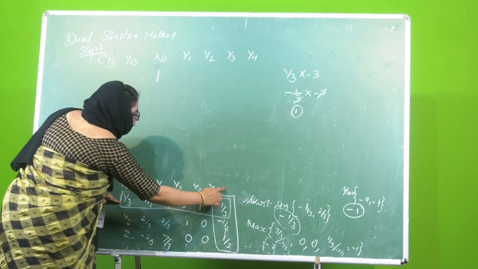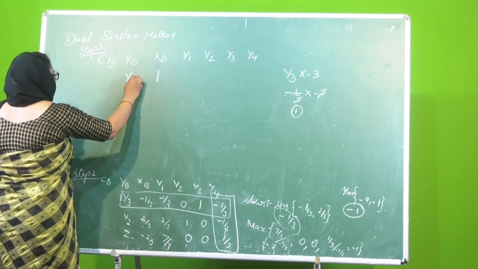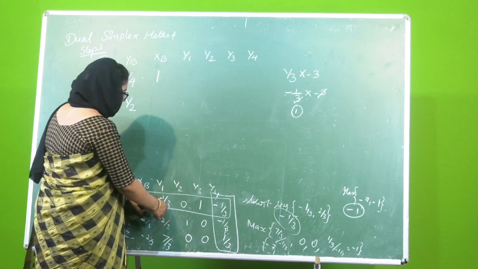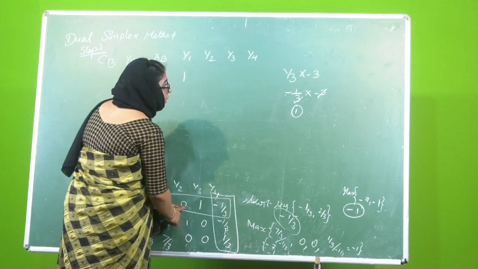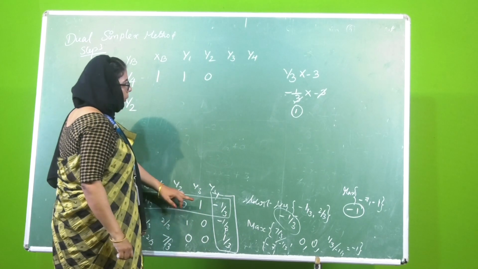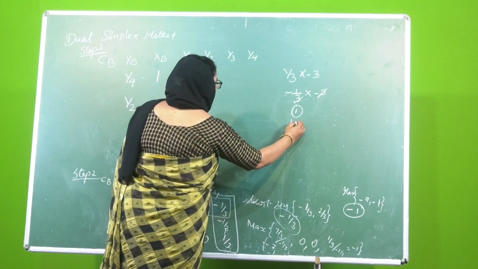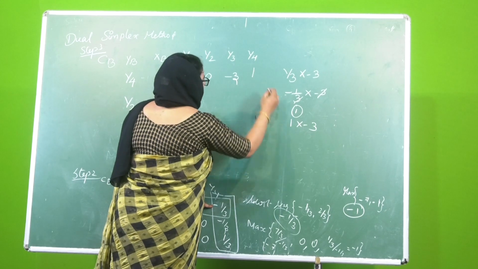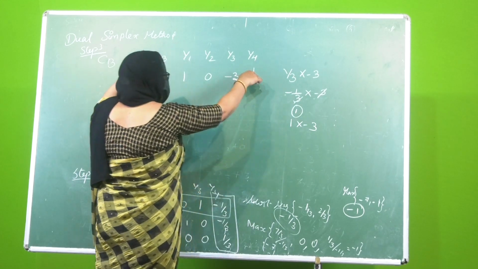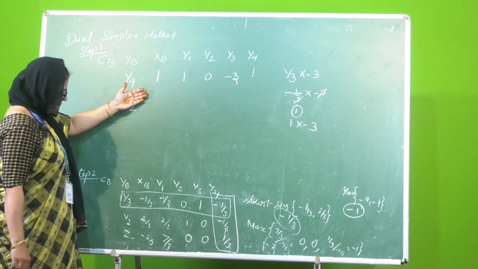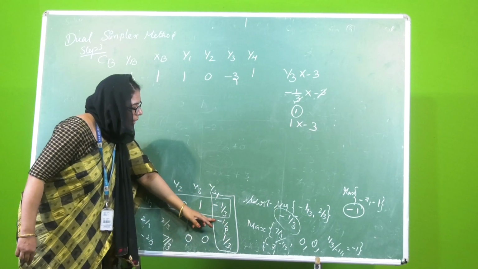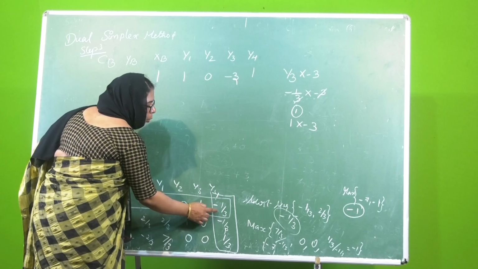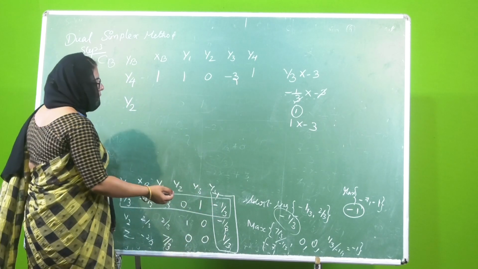In the first step, y3 leaves and y4 enters. So 1. Next is also 1. Next is 0; 0 into anything is 0. 1 into -3, so -1 by 3 into -3, we are getting 1. And the corresponding -1 by 3 becomes 0. How can we get the 0 element?